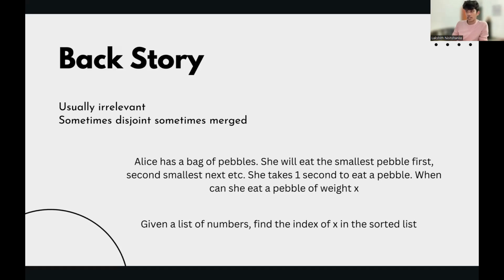So there's a story here, but if there was a formal problem statement, it would just be: given a list of numbers, find the index of X in the sorted list. Both of these are the same thing. In the Alice example, there's a backstory, but in the second version, there's only a formal problem statement that's enough to solve the problem.